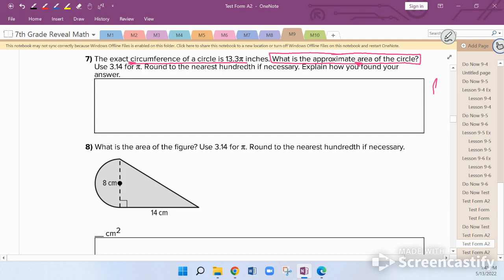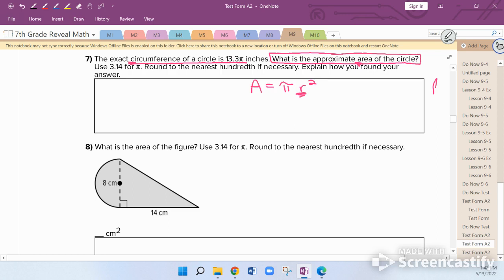So what does that mean? Well, our end goal is to get the area, so we only have one formula for the area of a circle, and we see that area formula has an R in it.